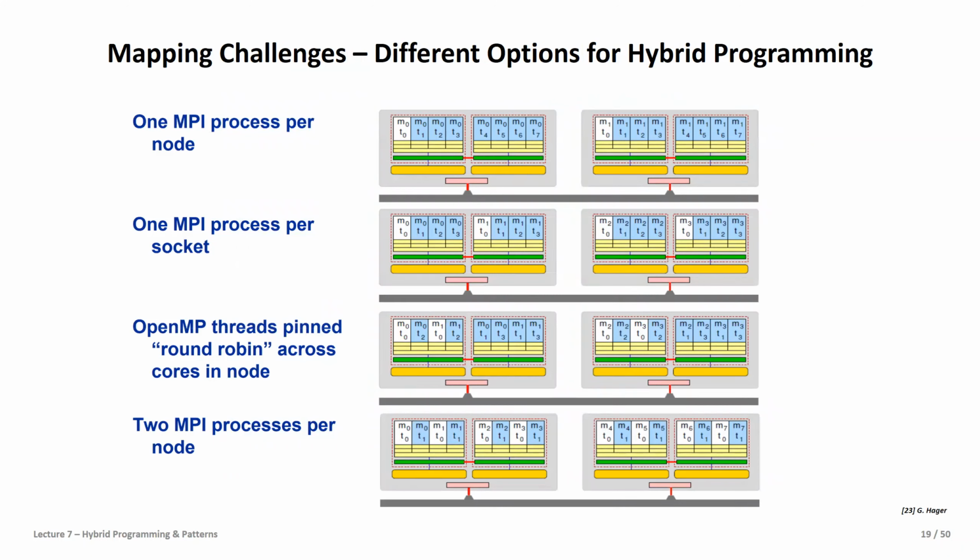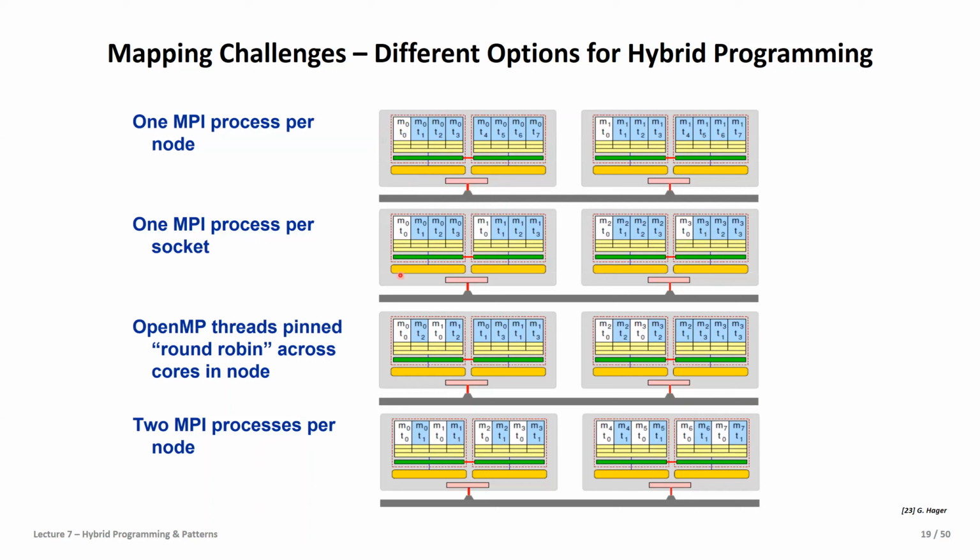How that could look, the mapping challenges: of course, you have different options for how you map these different MPI processes per node, so per shared memory node. You can see that you always have one MPI process, here the white one, which is very special perhaps, having access to all the shared memory power here, and is the one responsible for doing the MPI, for instance.